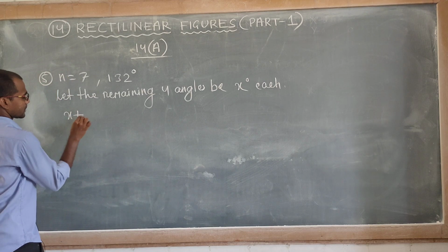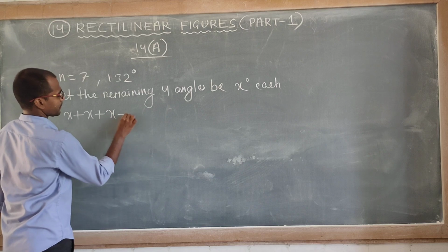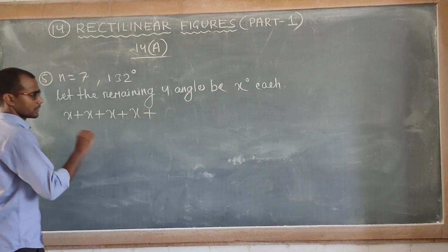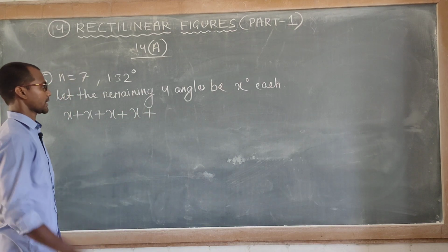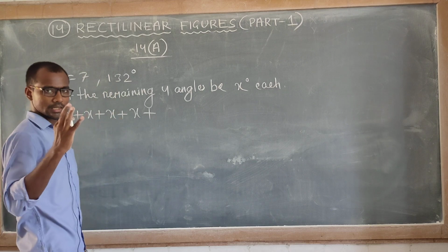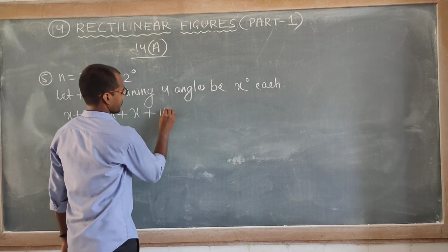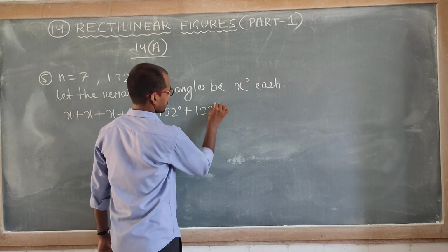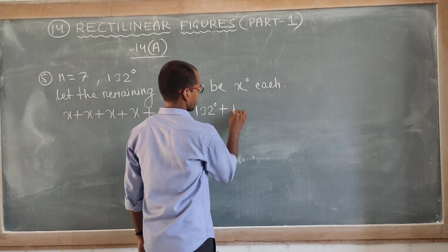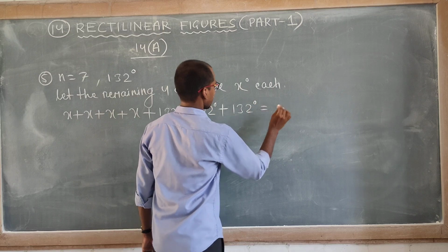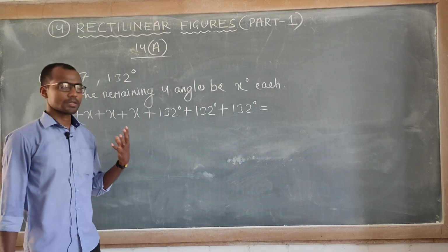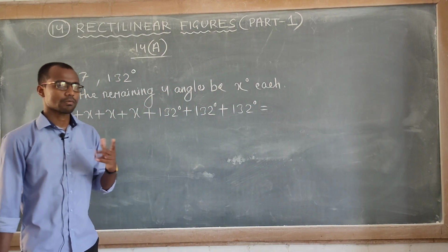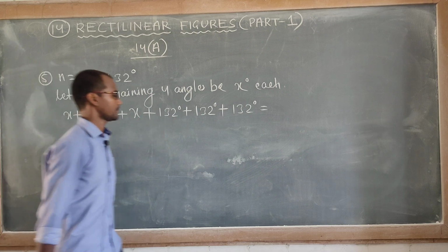Now let us take the sum of the angles. So x plus x plus x plus x, 4 angles, and 132 degree, 3 angles are there. So 132 plus 132 plus 132 is equal to, total sum of angles will be n minus 2 into 180. What is n here? 7.